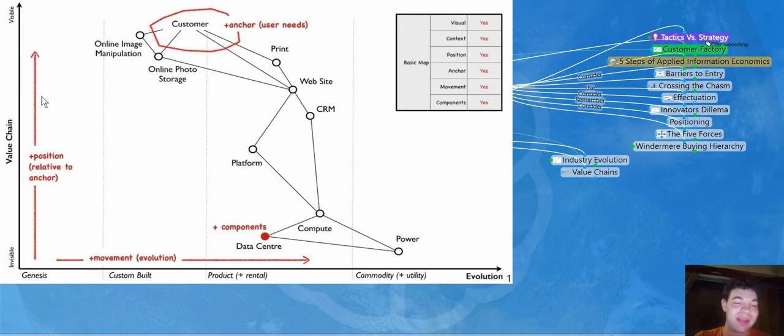If you're early in the custom built stage, it's educating. It's going to move it to a product as people understand it more. Whereas if you're at the commodity stage, you're just vying for position with a few other people. This is the war stage, as Simon Wardley calls it.